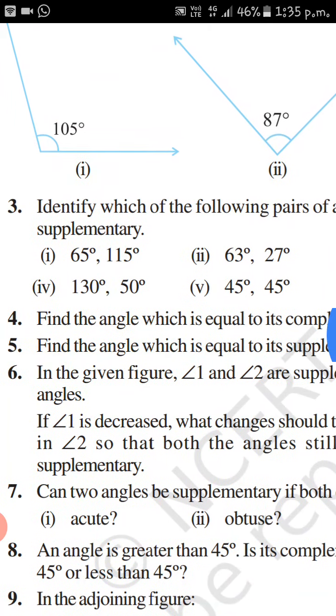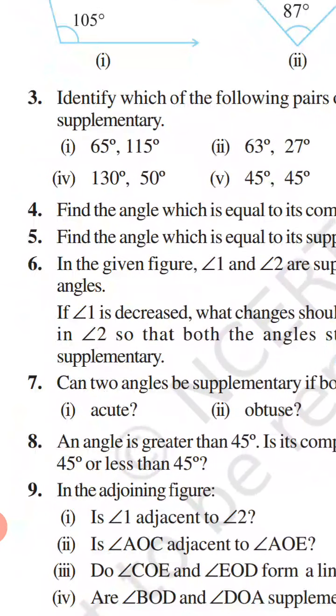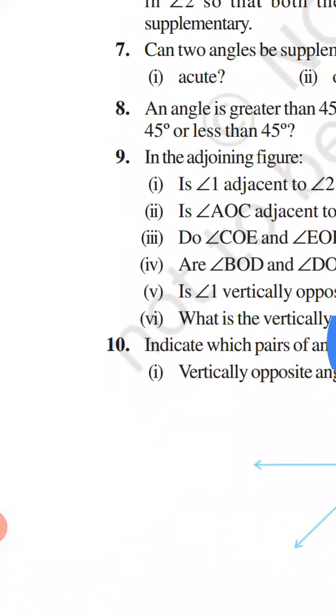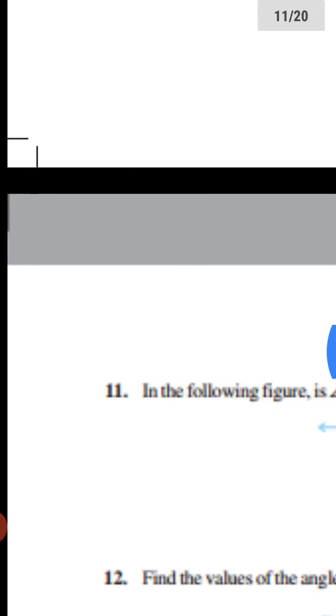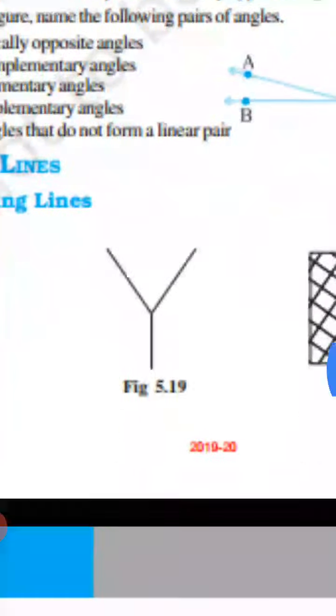Now question number 3, you have to say which pair of angles are supplementary and which are complementary. If the sum is 180, then it is supplementary, and if the sum is 90, it is complementary. So you can do all the questions of exercise 5.1.